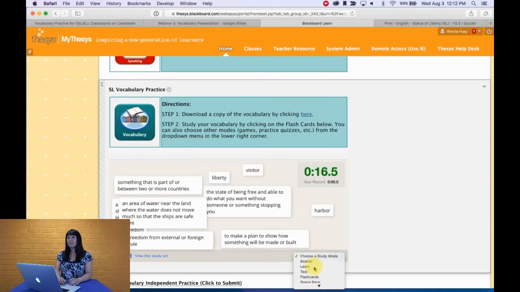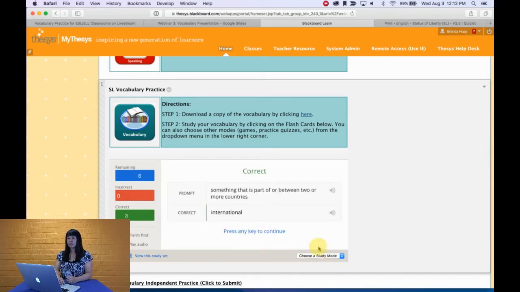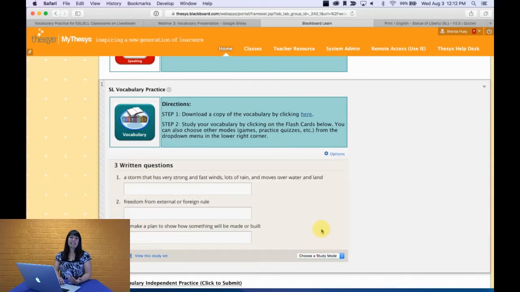We then have learn. Learn is the definition, and then you can type in the words. So maybe international. Test. I really like test because it is practice. It's not high stakes. The students don't feel a lot of pressure to do this. They can put in the word for the definition.